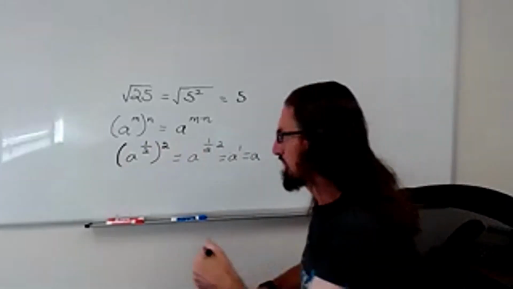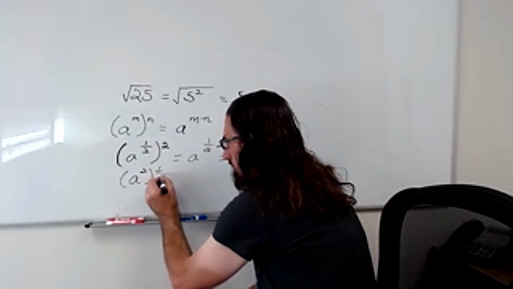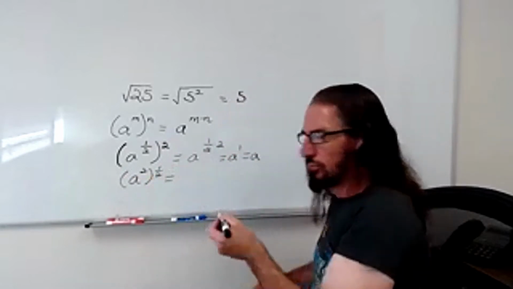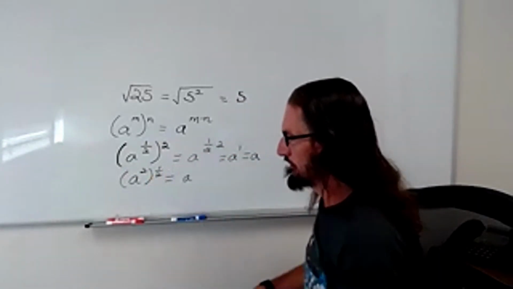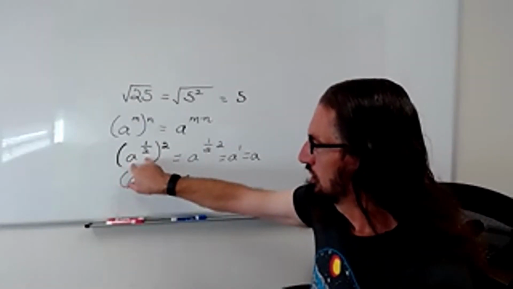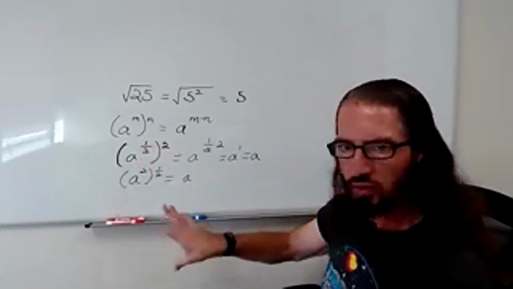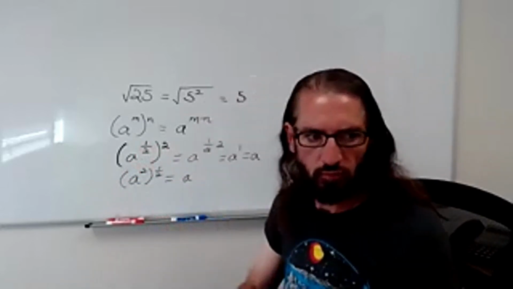And similarly, if we switch the order, we're still going to get A. Now, this one relies on that being a real number. The fact that this is happening suggests that we could do the following.